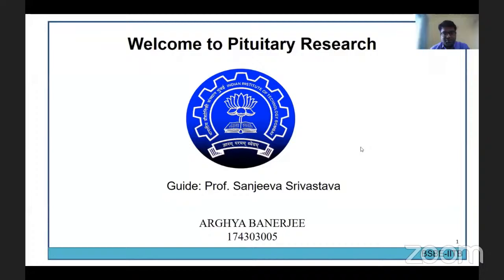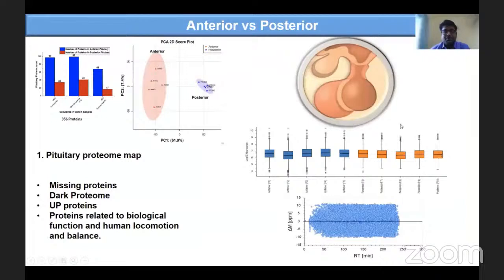So welcome to this pituitary research, which I am performing under Professor Sanjeeva Srivastava. First of all, our aim was to build a detailed proteome map, like a blueprint or landscape of the anterior and the posterior lobe, because till date there is no proteome available for the anterior and the posterior lobe.